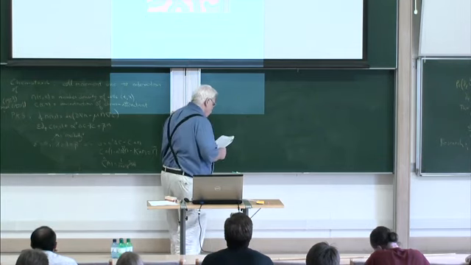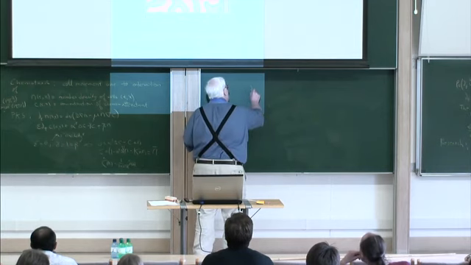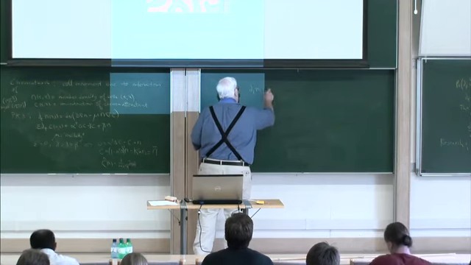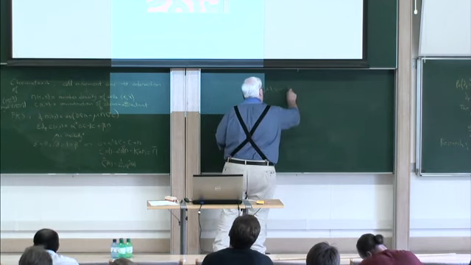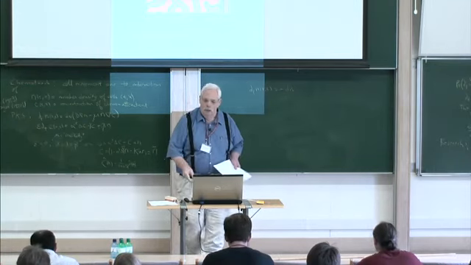So let me rewrite this as d by dt of n of x and t equals minus the divergence. Let me first write it so we can see the balance.